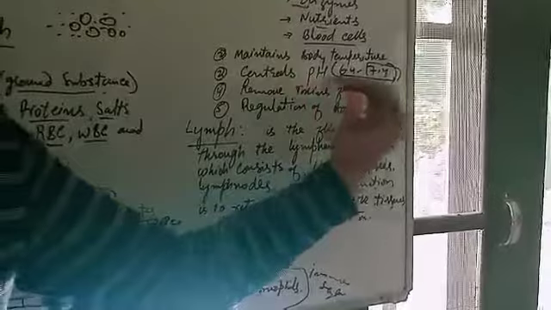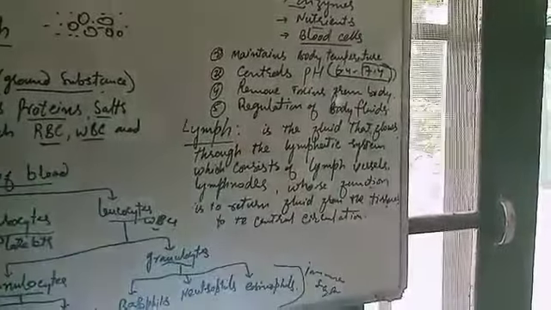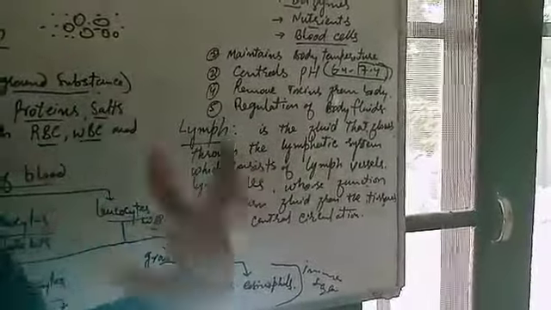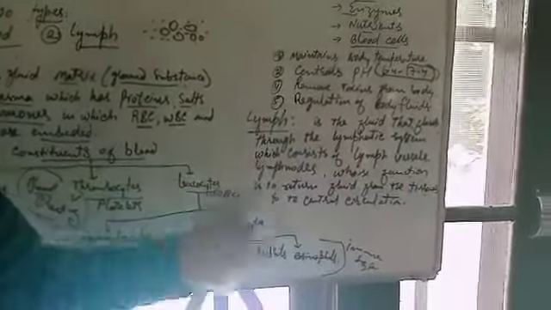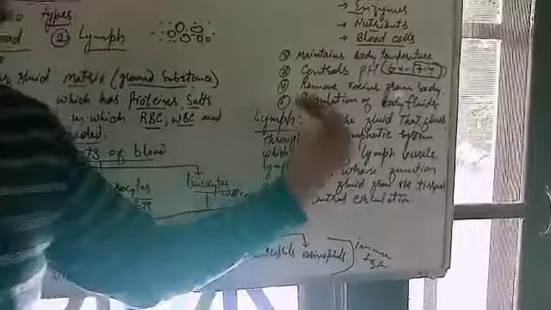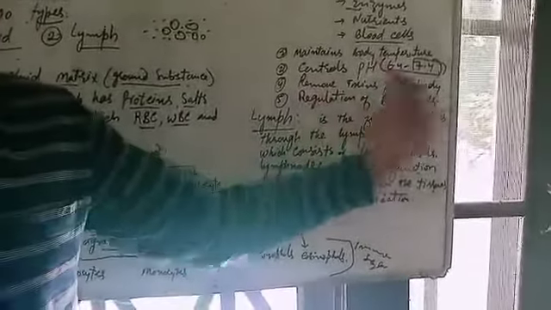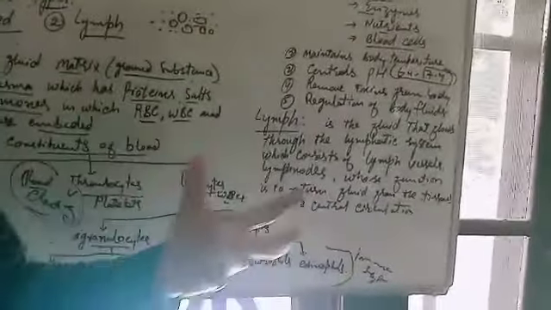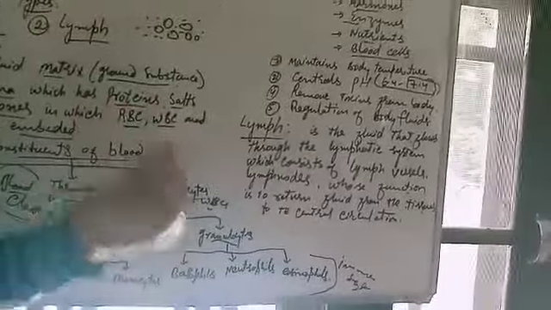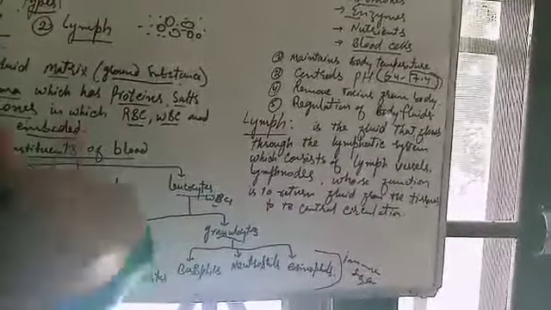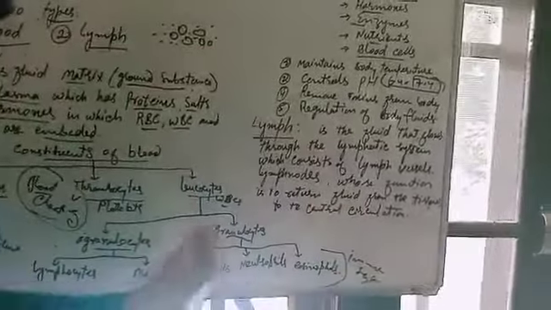It removes toxins from our body. When we take food, our body produces some toxins, and these toxins are removed with the help of the blood. Regulation of body fluids: our body fluids are regulated by the blood, because the salts and some essential substances are maintained by the blood.